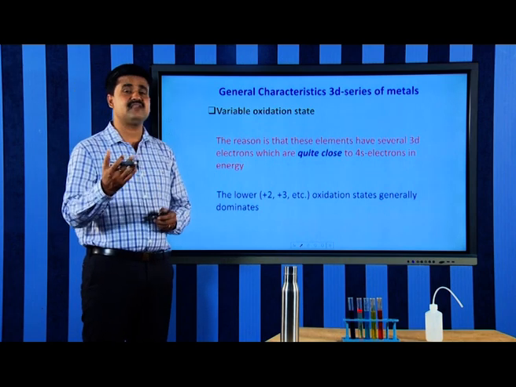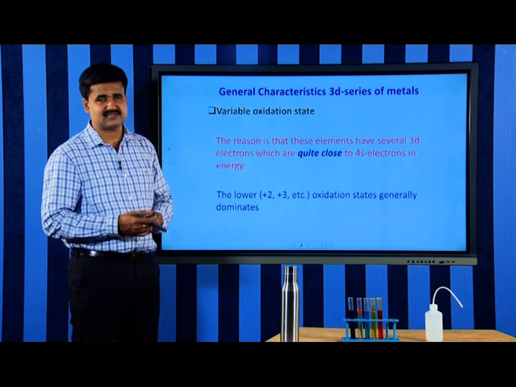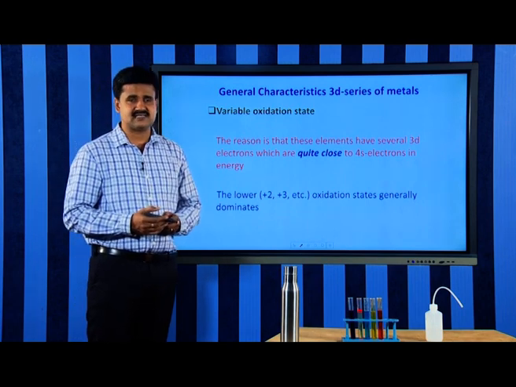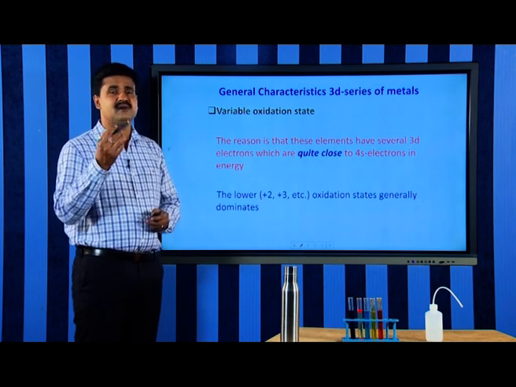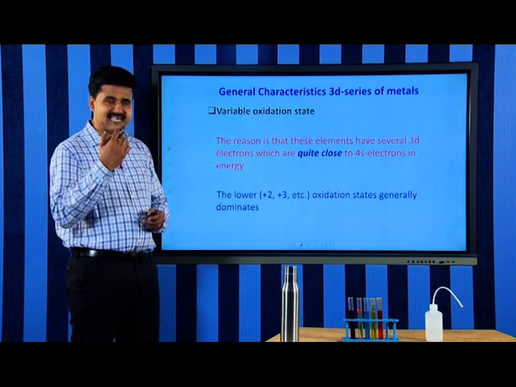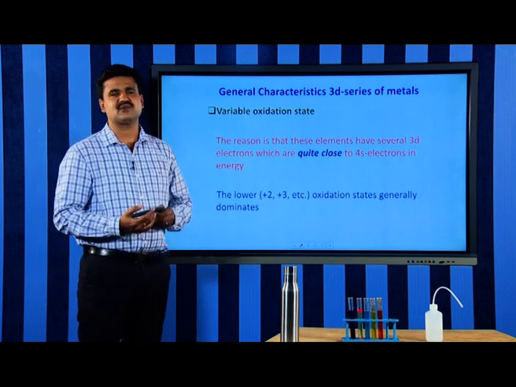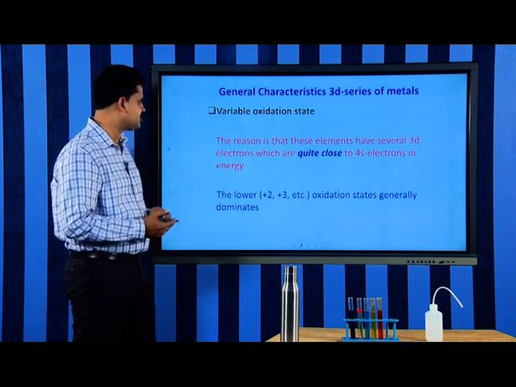The same variable oxidation state is exhibited by the 3d series of metals. That is, in the case of the 3d series of metals, the existence of variable oxidation state is due to the minute or negligible energy difference between the (n-1)d shell and ns shell, that is, the penultimate and ultimate shell.